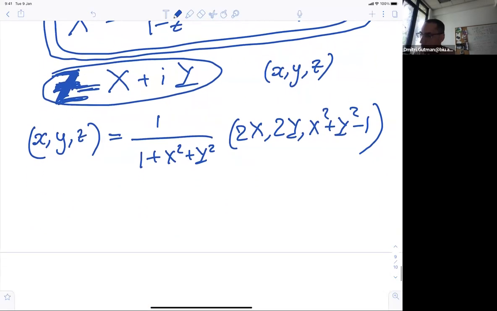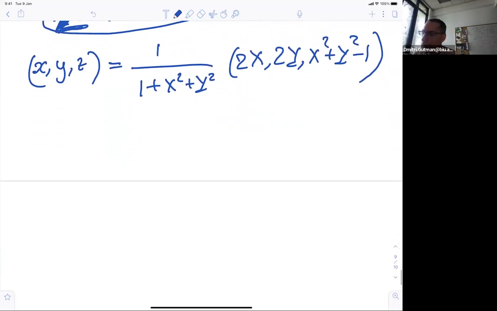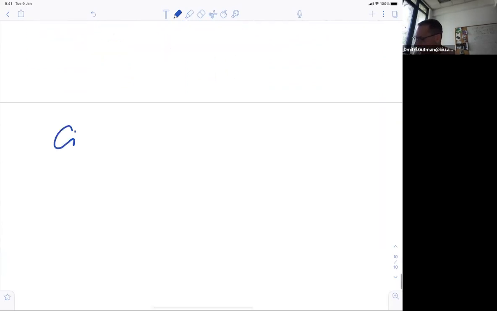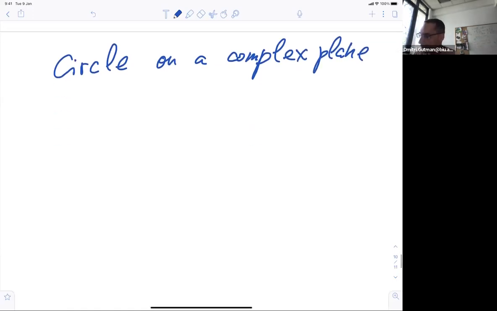Okay, so now let's see what happens if we draw a circle on the complex plane. As you say, there are coordinates x capital and y capital, and let's draw a circle around the origin to make life easier.